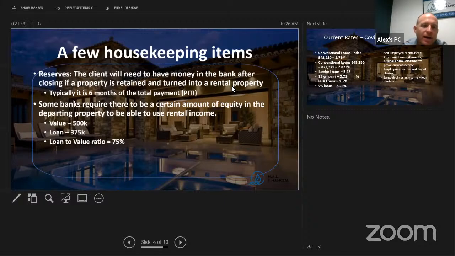It doesn't matter how much equity you have, you can always use the lease agreement to offset the payment. If you're starting to do the $2 million purchases, and you're trying to use a rental agreement, you do have to have 25% equity in that property that you're leaving to be able to use the rents.